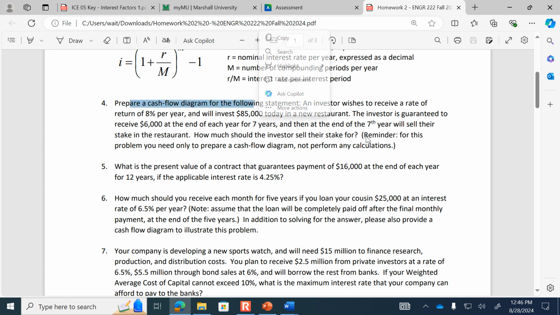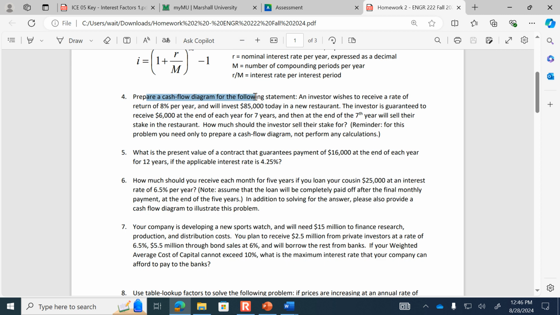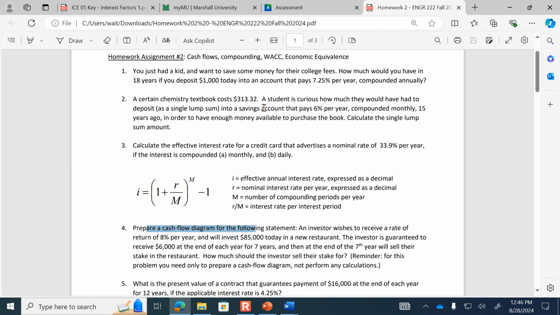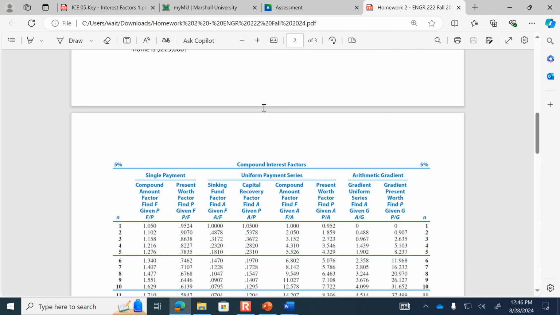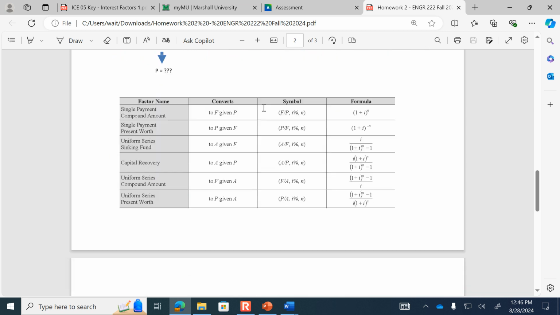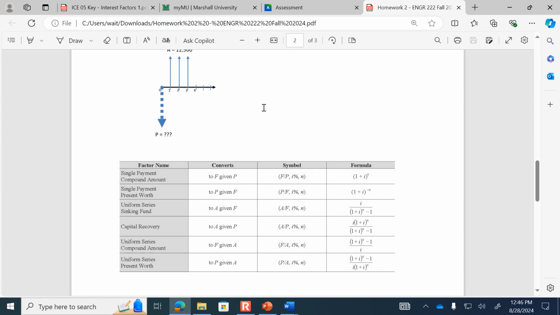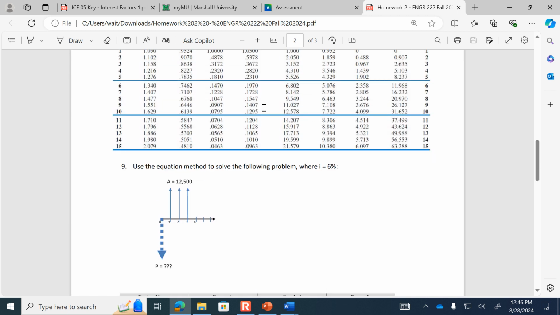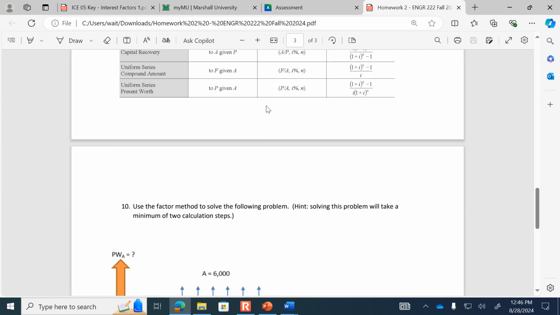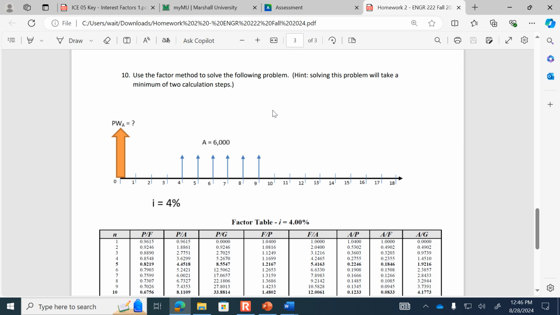You don't even need to do calculations for part 4. That's just the cash flow diagram. Find the present value. Yeah, you should be able to knock these out very quickly and efficiently at this point. In fact, the only one I don't think you can do yet is problem 10. And probably many of you could do problem 10. We haven't talked about it yet. I bet you could figure it out.